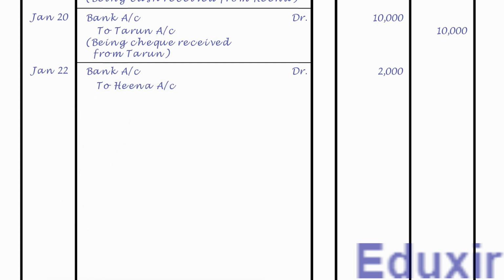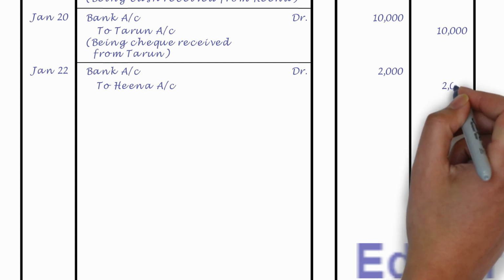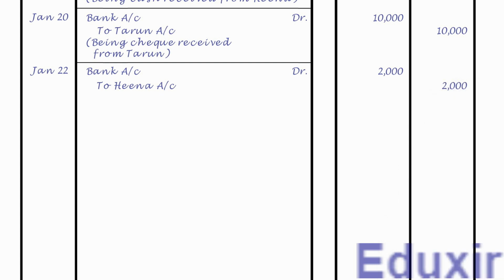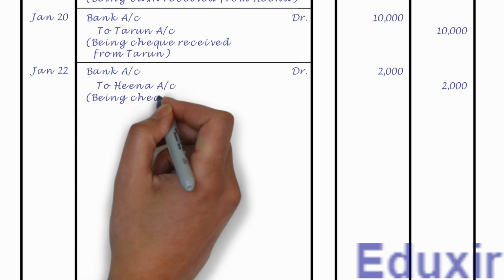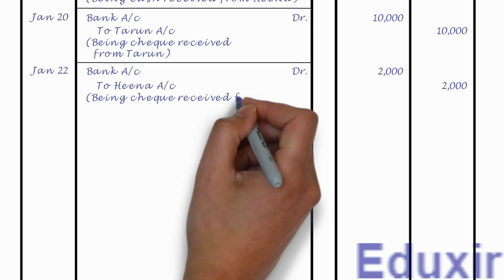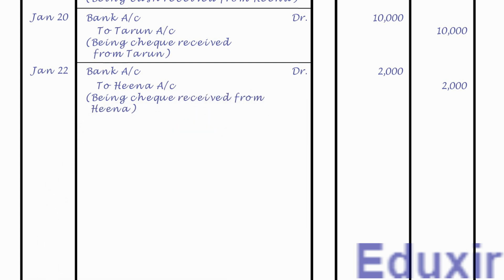Let us also record the credit amount of 2000 rupees into the credit amount column. Let us now record the narration or description of this transaction, that is, being check received from Hina. Let us now draw a line to mark the completion of generalizing of this transaction. That completes the generalizing of this transaction.